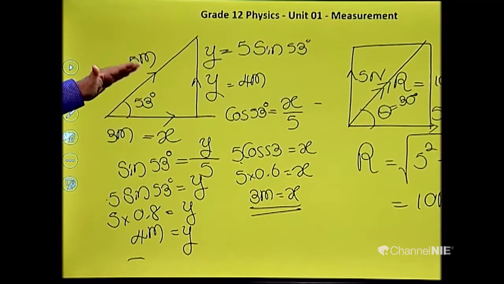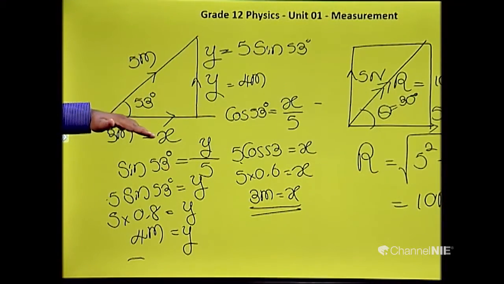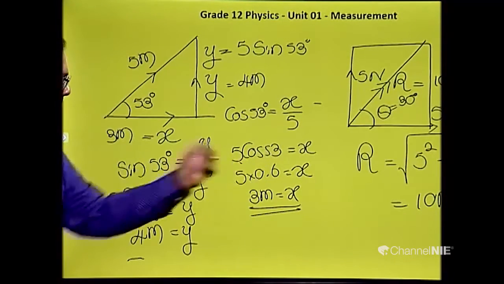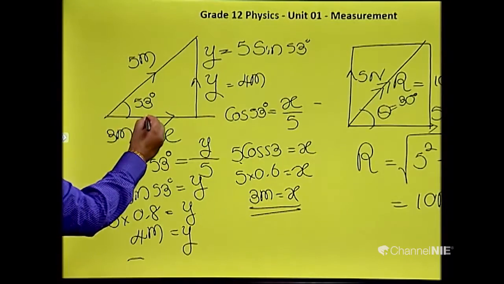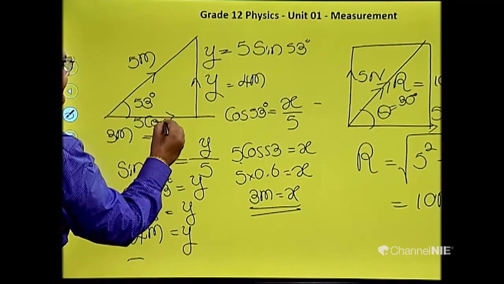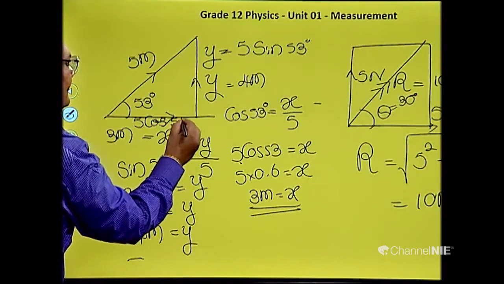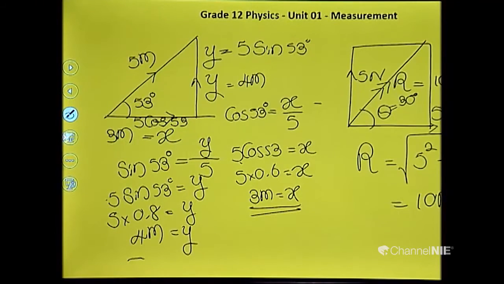Directly you can write that. The x component here is 5 cos 53. In the direction of the angle cos, opposite sine.